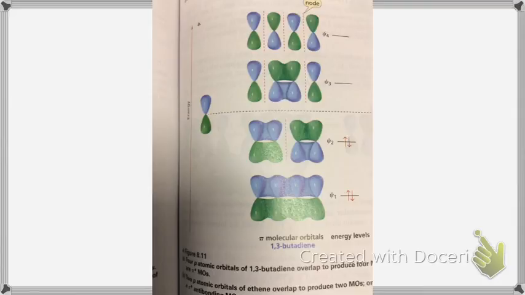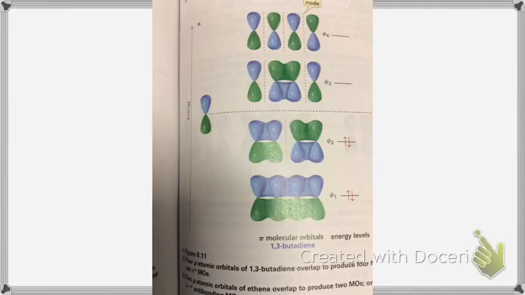And this is a picture from your textbook, figure 8.11. It shows the 4 molecular orbitals for 1,3-butadiene, from bottom to top, energy lower to higher.